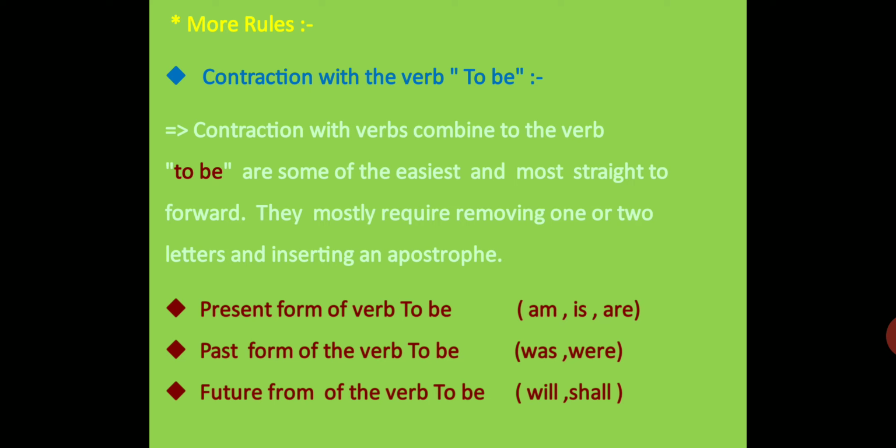Future form of the verb to be are will, shall. So today we are going to learn to make contractions in the present form of the verb to be, the past form of the verb to be and the future form of the verb to be.